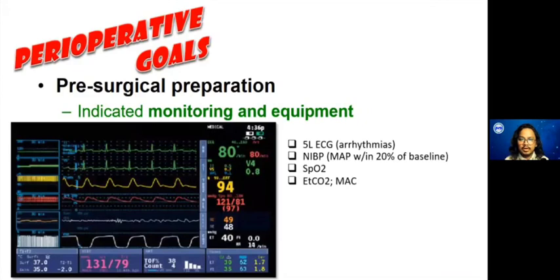We place an ECG to monitor arrhythmias, an NIBP for a target MAP within 20% of baseline, especially for patients with impaired cerebral autoregulation, a pulse oximeter, and an end-tidal carbon dioxide monitor, which is essential too, especially since manipulation of ventilation is used to manage changes in ICP. Determining the actual minimum alveolar concentration levels of patients is important when volatile anesthetics are employed. Monitoring for neuromuscular blockade, urinary output, and temperature are also important.